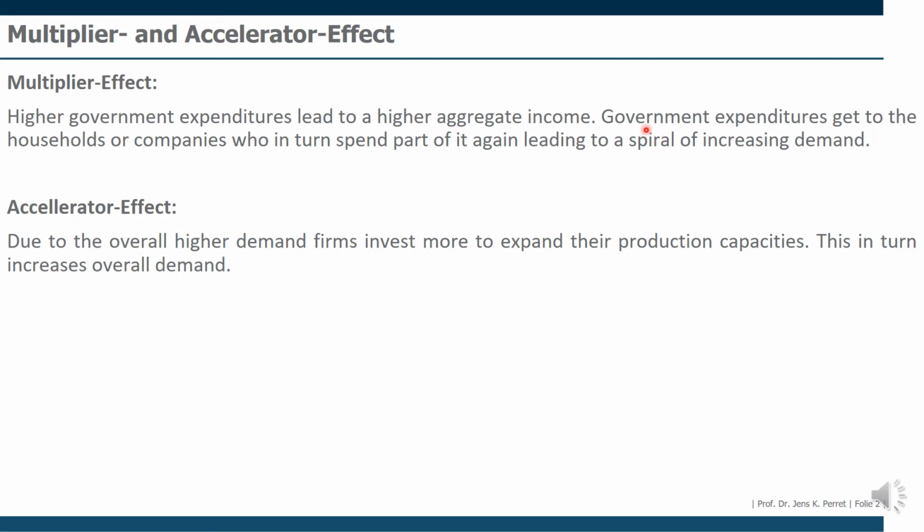And multiplier effect starts. If they spend more, there's an overall higher demand, which leads to firms having to invest more, and us getting an additional accelerator effect. So, doesn't matter which type of fiscal policy we consider here. In either case, we will get a multiplier and an accelerator effect.